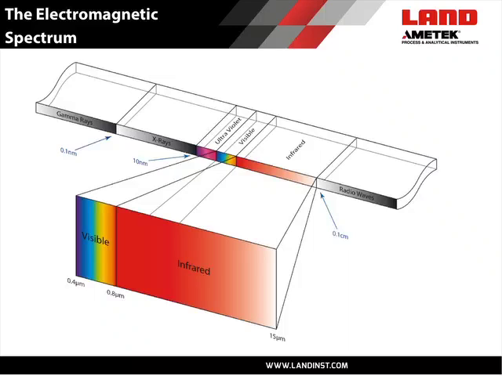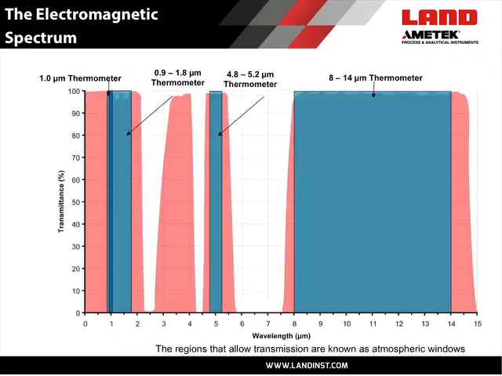be avoided wherever possible. This diagram shows transmission of radiated energy through the atmosphere. As we can see from the white areas, there are certain wave bands where transmission is very poor.